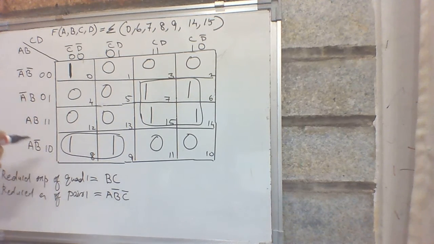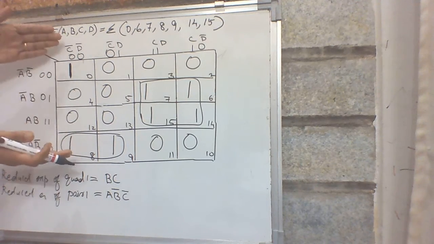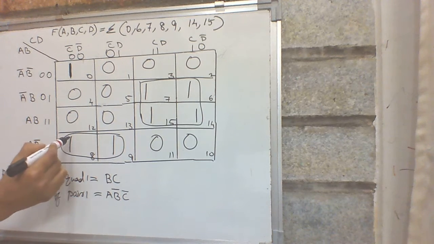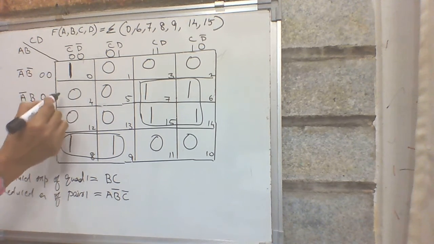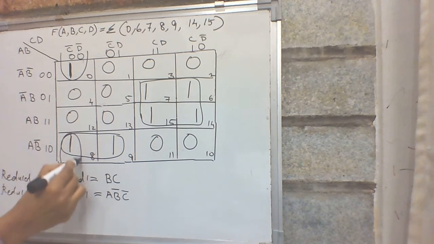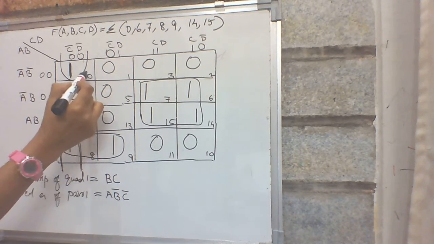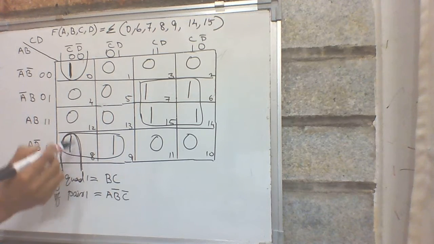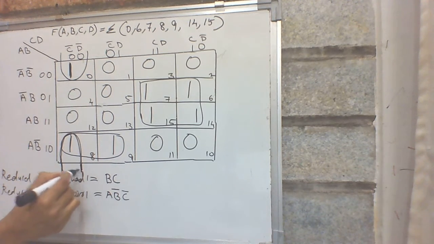Yeah, by map rolling, if you roll this K-map like a paper, this one and this one make a pair. That is the cells 0 and 8. By map rolling, 0 and 8 form a pair.